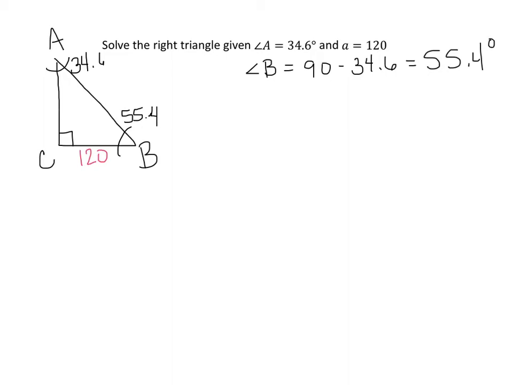Now we have to find the missing sides. I am going to tell you now, if you use Pythagorean theorem to find any missing sides, I will mark you down. I am assessing your ability to do trigonometry, not Pythagorean theorem. So with that being said, let's start solving for some sides.